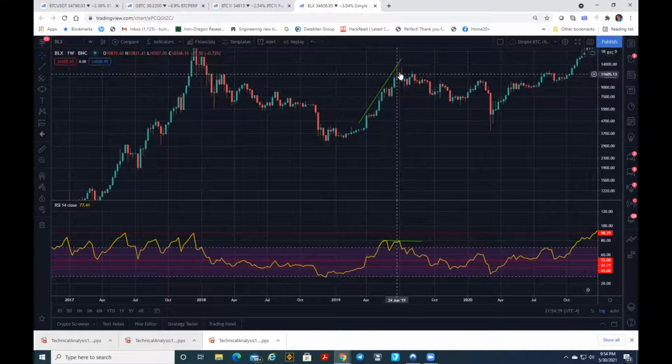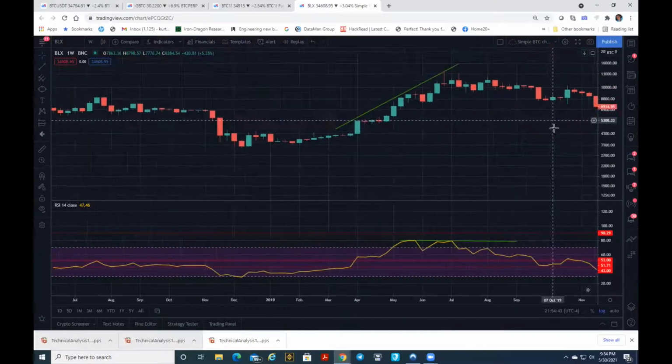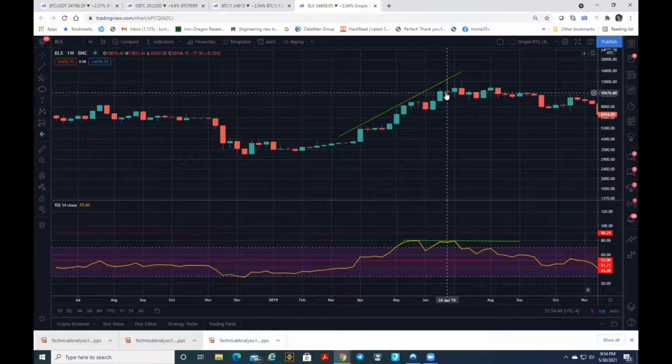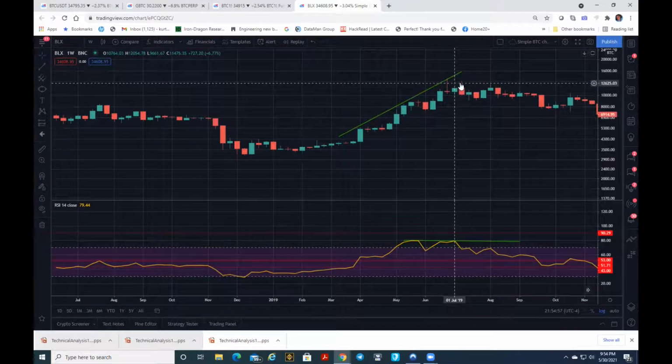Right when this divergence happens, on the weekly chart you could probably call this divergence when you have the long wick happen here. So this happens, but it's not totally confirmed until we have the lower high on this weekly happen right here.